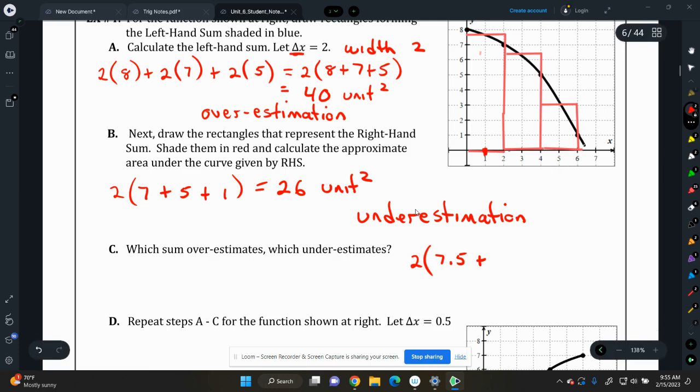Here we're looking between 2 and 4, so at 3, and that looks like maybe 6.25. And here we would use x equals 5, which looks like it's 3. So when we do the midpoint approximation, we find the midpoint of the width of the rectangle and then figure out the y value from that. That gives us the midpoint approximation.